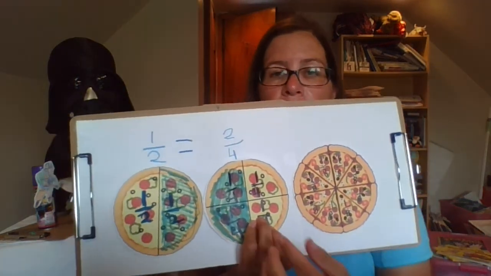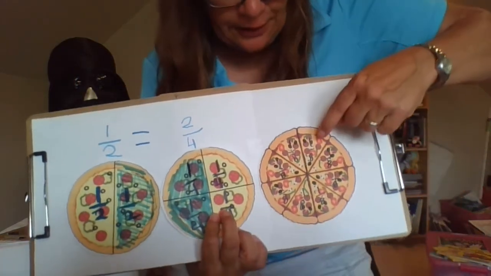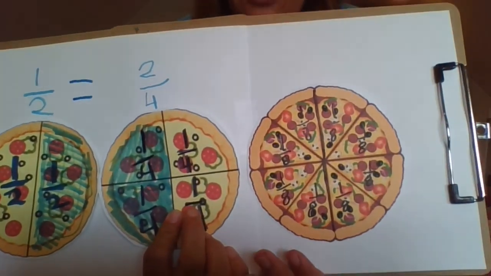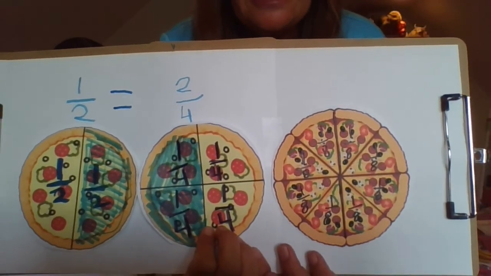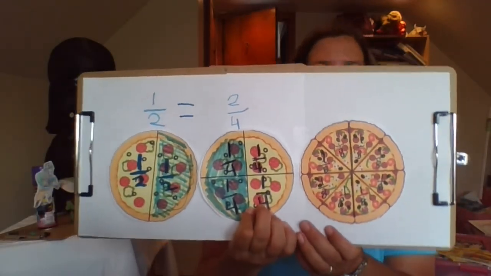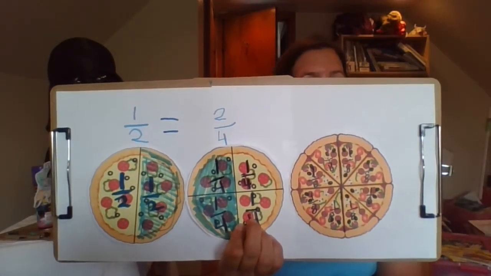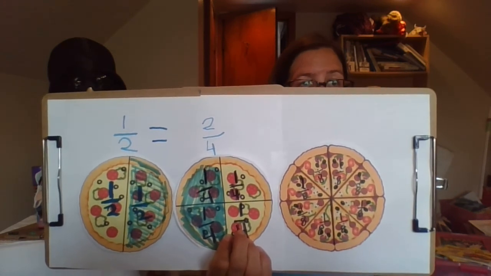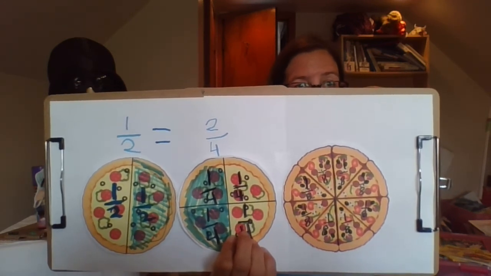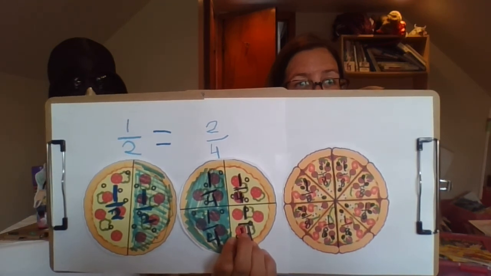So now that we could see Darth Vader's pizza is divided up into eighths, we have to stop and think, how many pieces of pizza would Darth Vader eat that would be equivalent to Flat Alex's and Baby Yoda's? Stop, look, and think.